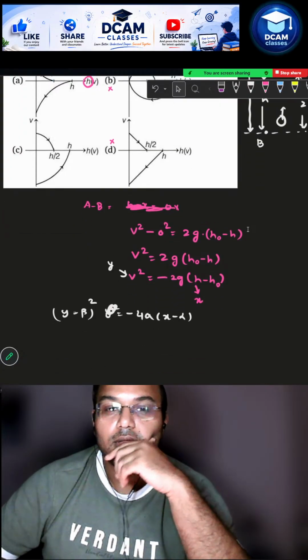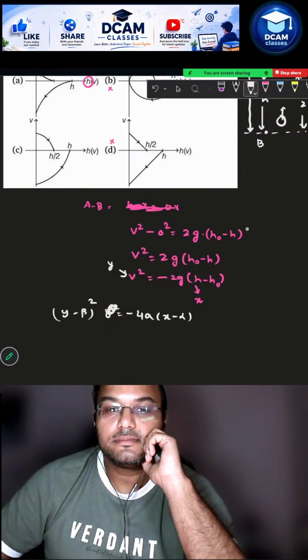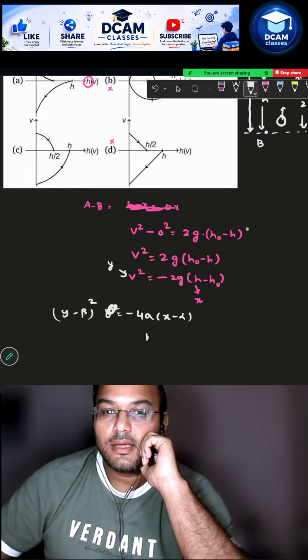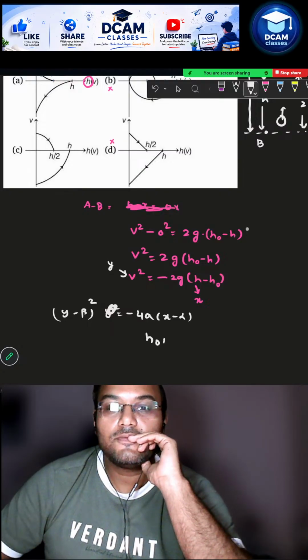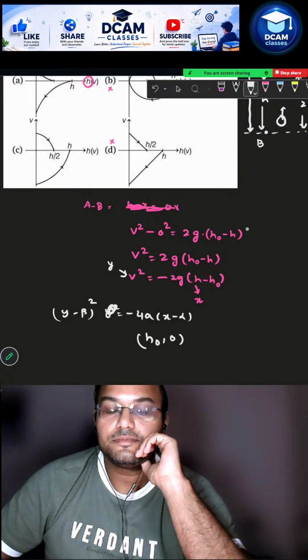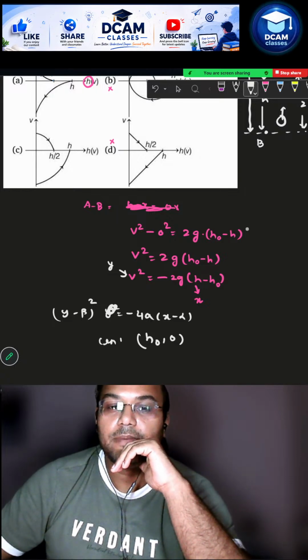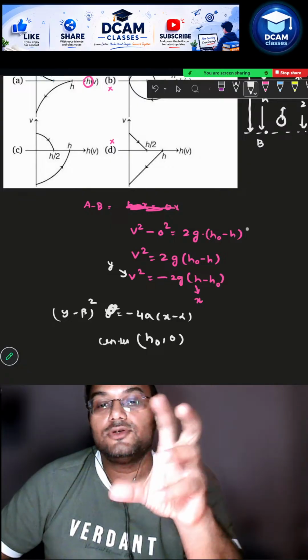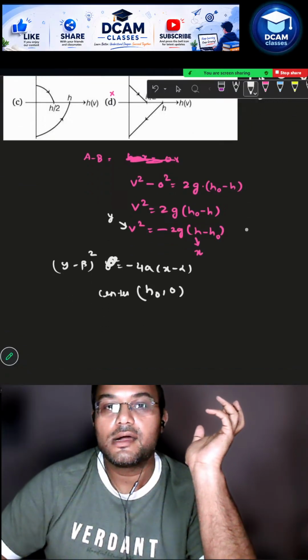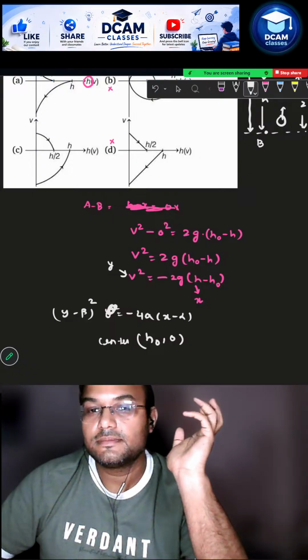What's the x coordinate? h naught. And what is this? It is b. That is the center of our parabola. y square is equal to minus 4x is what?